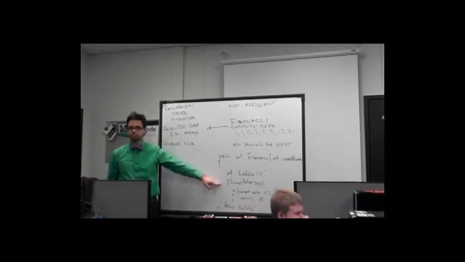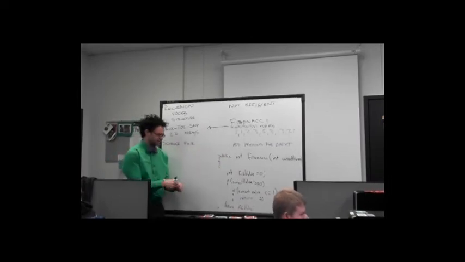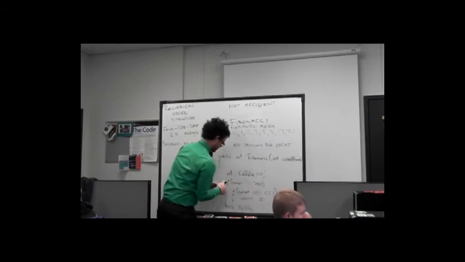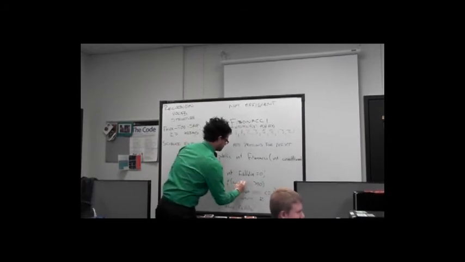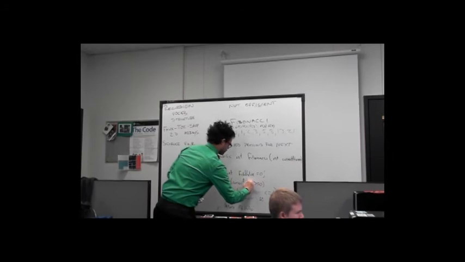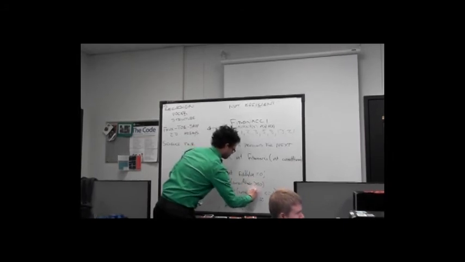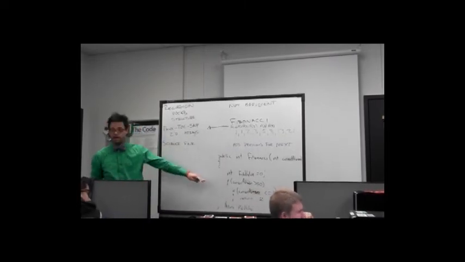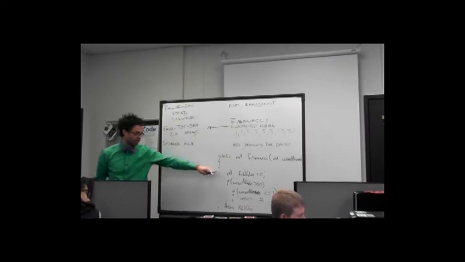Is current value greater or equal to 0? Yes, because it's 8. Okay, current number. Let's fix that. Current number is greater than 0, yes, but it's not less than or equal to 1.